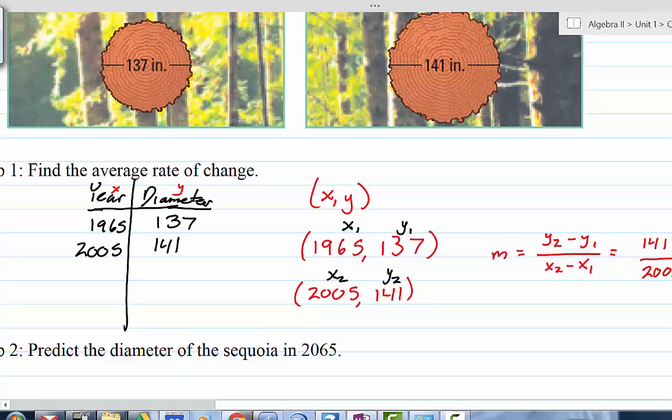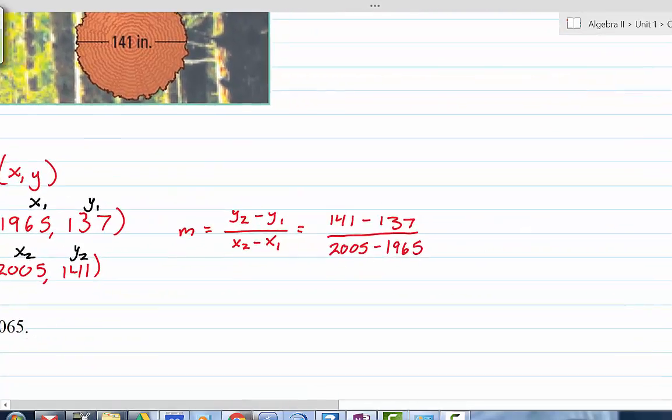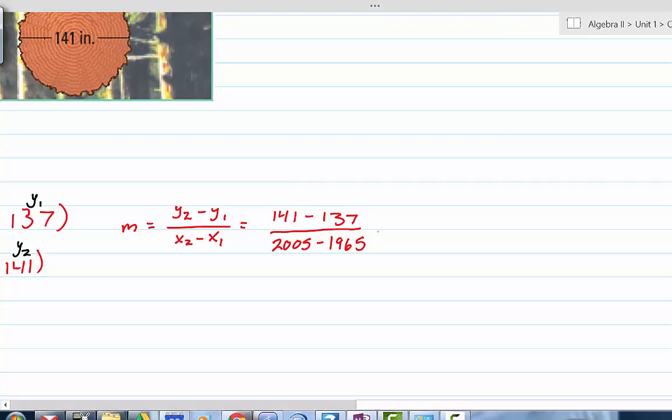Got it. So if I put it in the slope formula, I get 141 minus 137 over 2005 minus 1965. On the top, subtract that. Is that 4? I think that's 4. And then 2005 minus 1965 is 40.